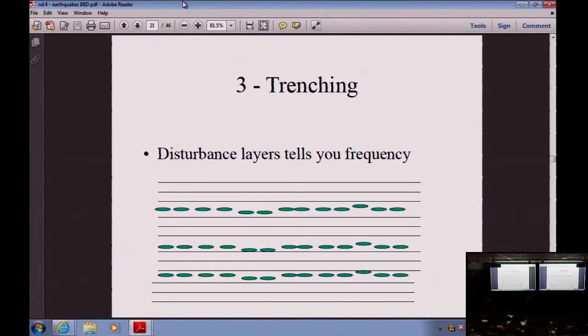So this is called trenching, and wetlands are categorized as an area of constant plant accumulation. The plants are always growing up, up, up, up, and so you have this constant record of what was going on through time. And it turns out that when you have an earthquake, there are these jumbled up disturbance layers, they're called. So the active growing plants at the surface get all jumbled up, and you can see that.